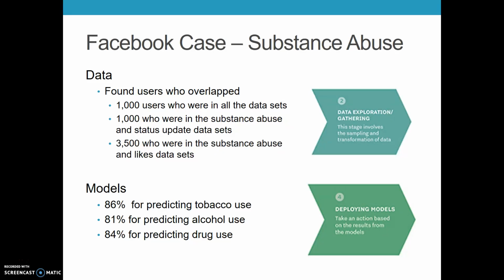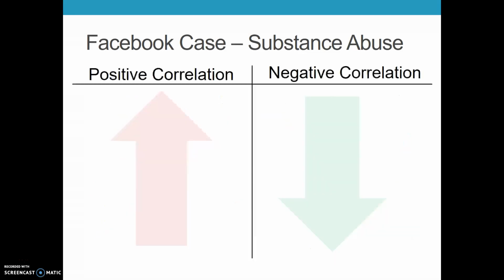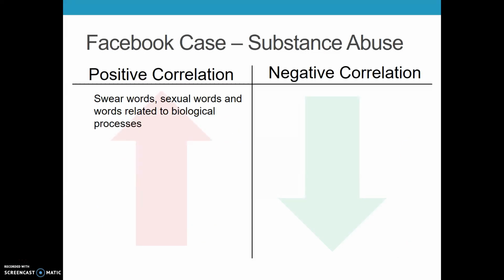Based on the pattern the research team was able to find in the data, they were able to determine words, phrases, and behaviors that had a correlation to substance abuse. Here are some of their findings. Swear words, sexual words, and words related to biological processes, such as blood or pain, are positively correlated with all three types of substance abuse.